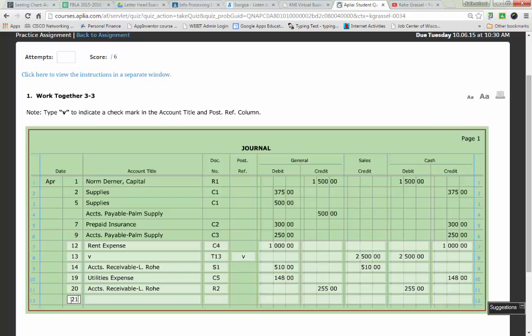The drawing is a contra account to owner's equity that has a classification of withdrawal. So it has a debit normal balance because it takes away from the value of our business. So I'm going to do Norm Dermer drawing for C6. So we're going to debit Norm Dermer drawing for $1,000. And we're going to credit cash for $1,000.